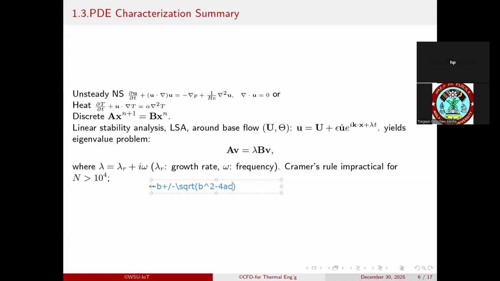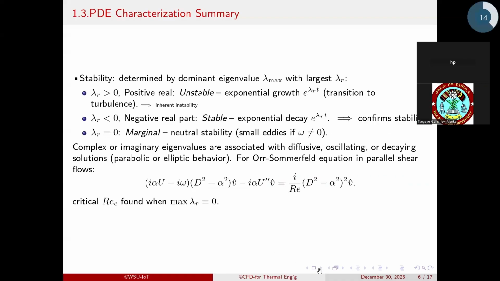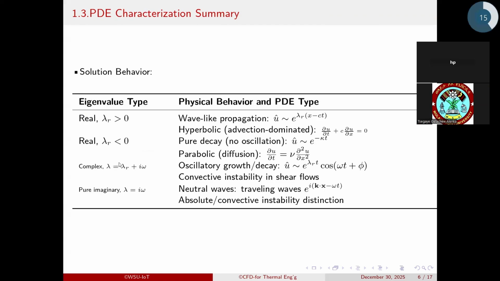If negative, like the equation of a parabolic diffusion problem, a decaying solution is being predicted. Complex lambda, on the other hand, comprises oscillatory growing or decaying solutions depending on the values of the real component.